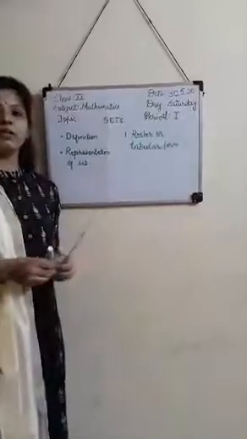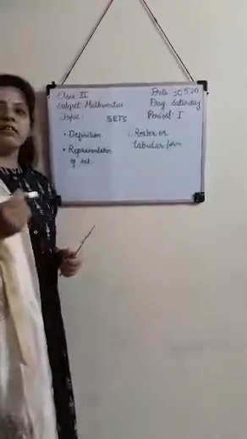Now how to write elements of a set in set builder form?